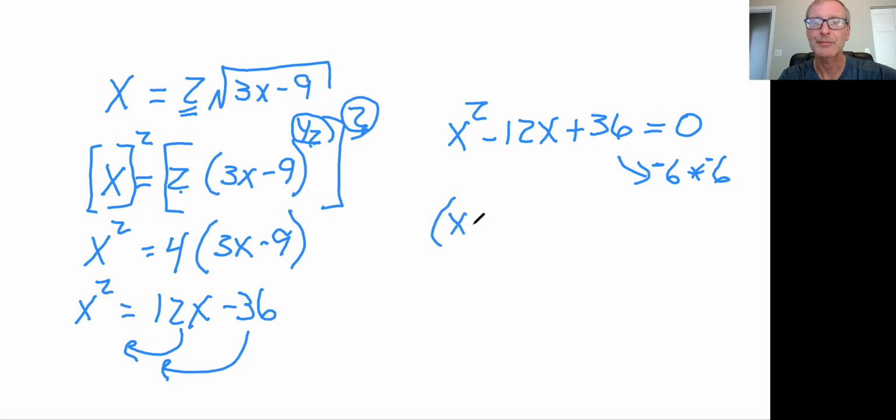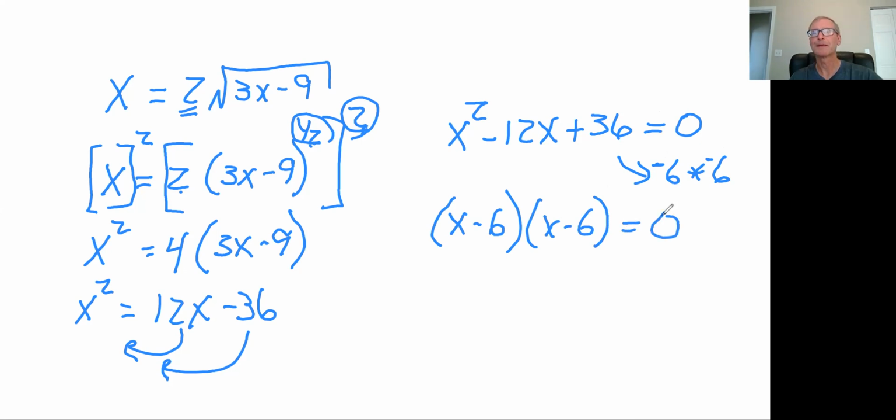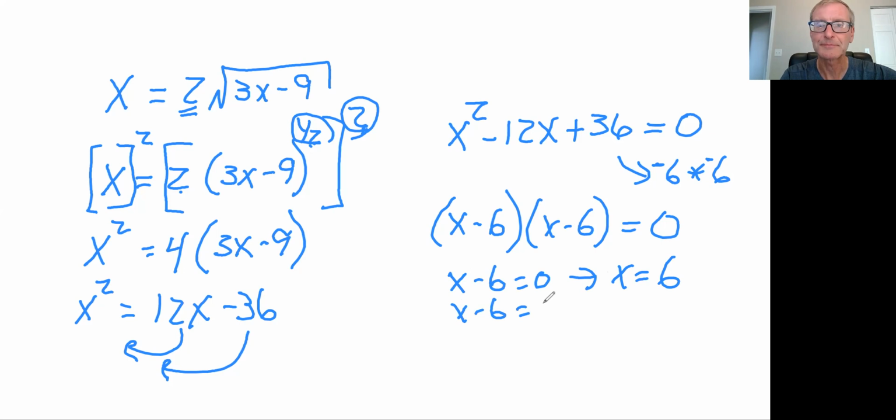So that would be x minus 6 times x minus 6 equals 0. This is what we call a perfect square. So you actually have 2 solutions, but both solutions are exactly the same number. So we have x minus 6 equals 0, x equals 6, and then we do the same thing again.